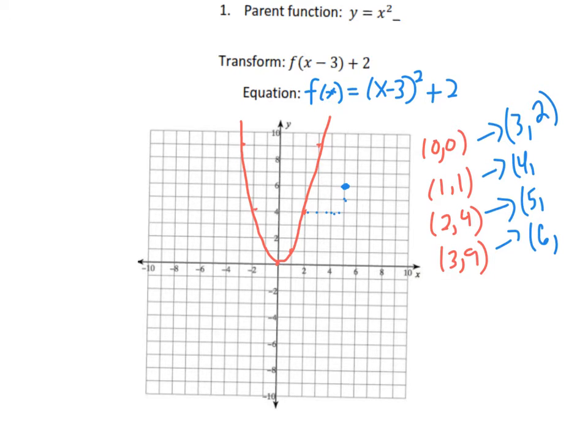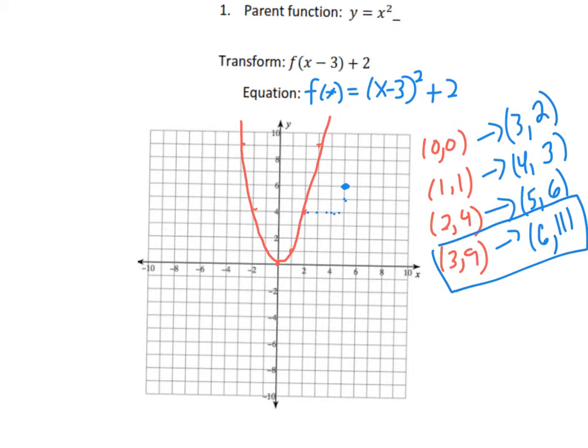And 1, 1 has become 4, 3. And 2, 4 is now 5, 6. And 3, 9 is now 6, 11. And of course, that last point I'm not going to be able to graph on this particular grid.